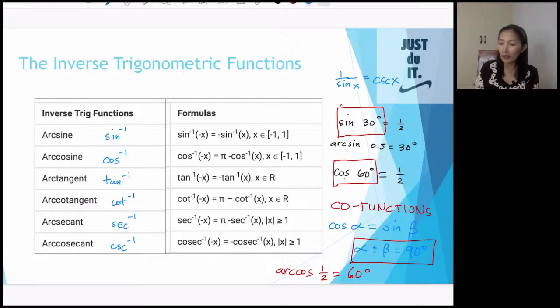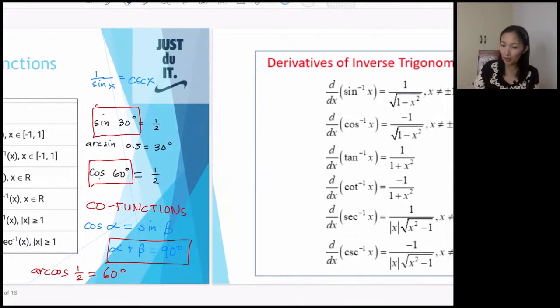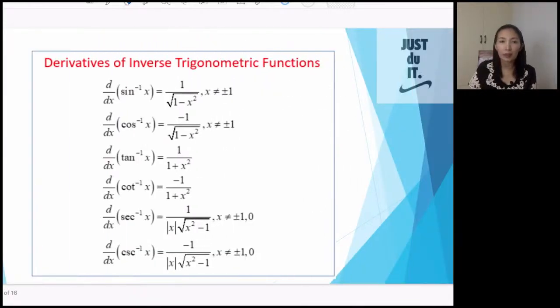Now, the following are the formulas for the inverse trigonometric functions. May we proceed now to the next slide? I want you to pay attention to the first one.